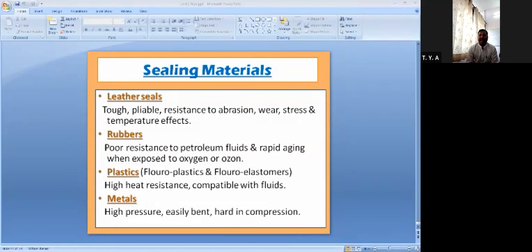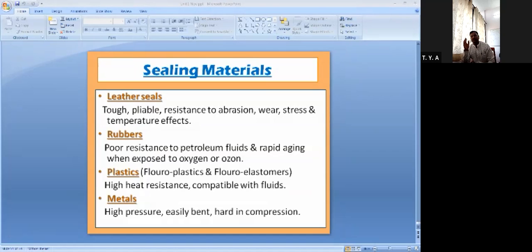Among those, the first material used for sealing is leather seals. As we know, leather is a tough and reliable material, and relatively resistant to abrasion, wear, and the effect of temperature changes.